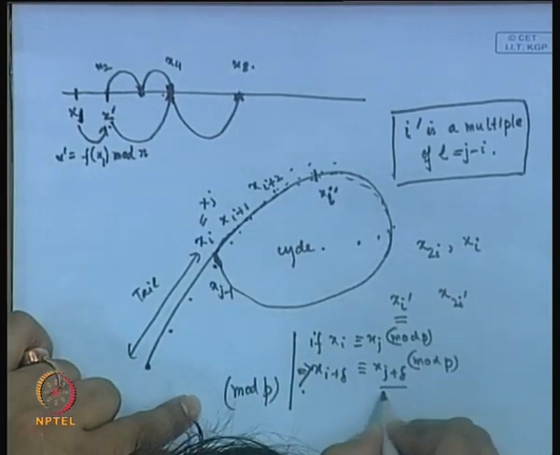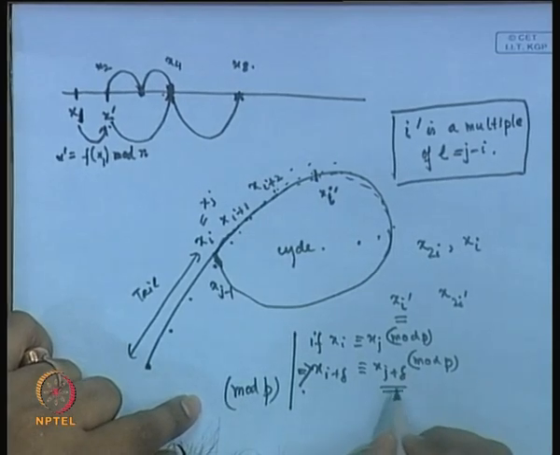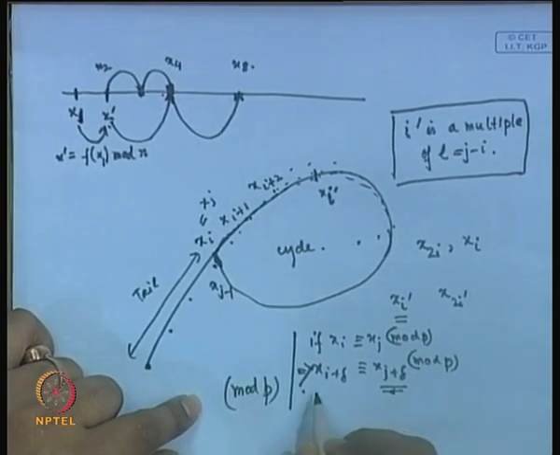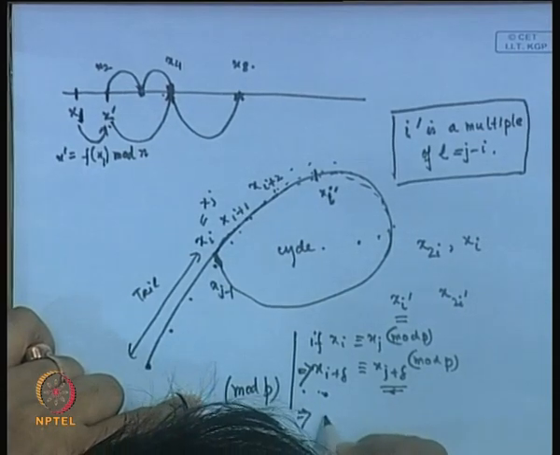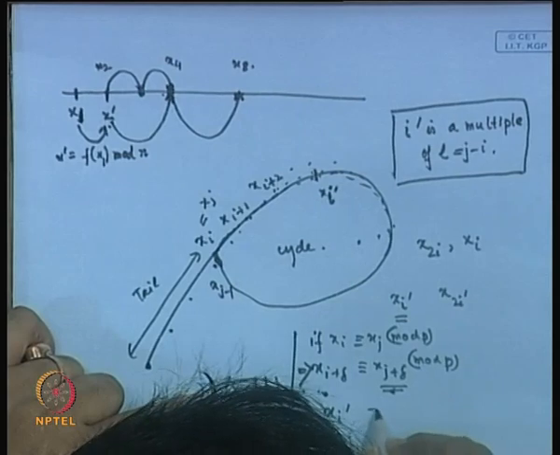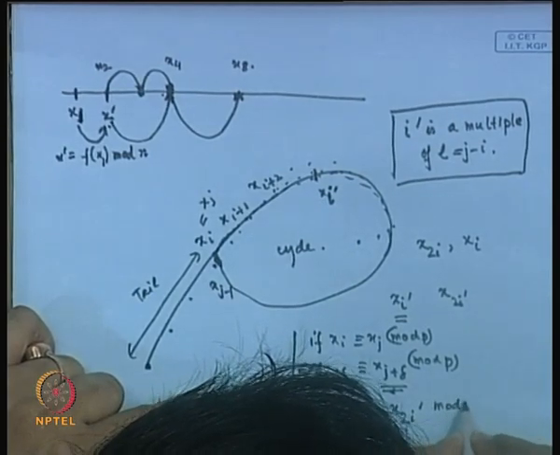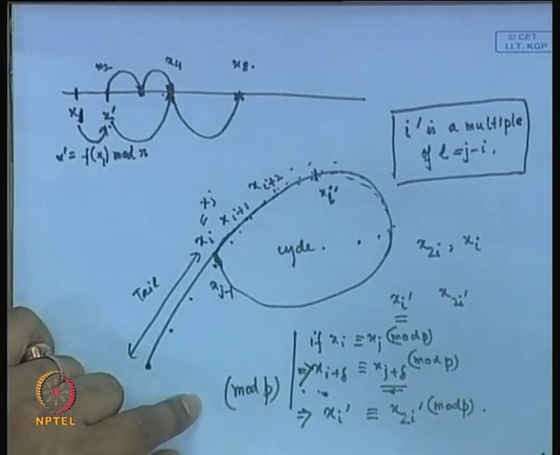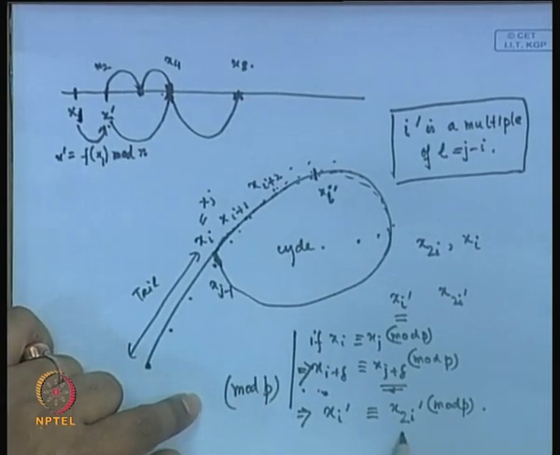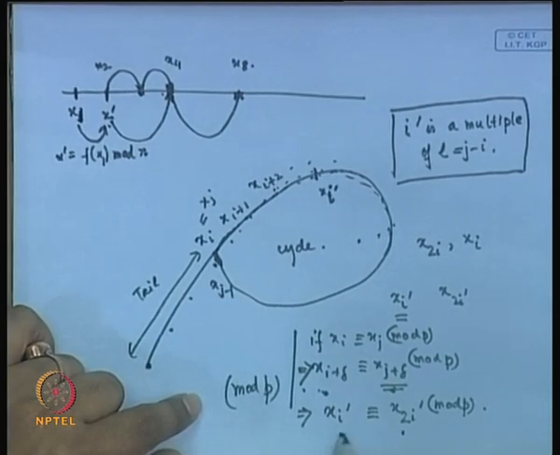If j minus i is L, then this element is L times ahead of this number, correct. So, this implies that xi dash will also be equal to x2i dash modulo p. Why? Because 2i dash is i dash times ahead of i dash, right, and i dash is a multiple of L.